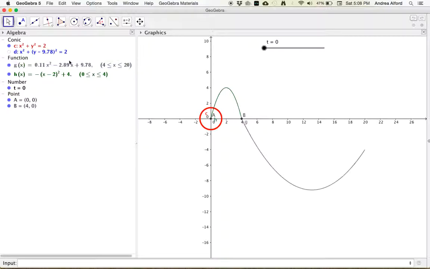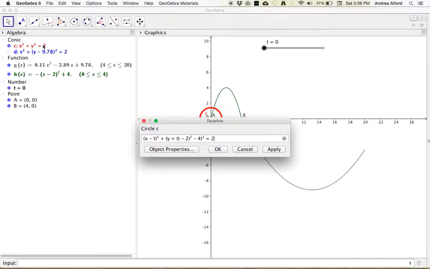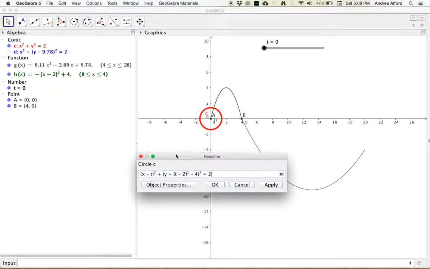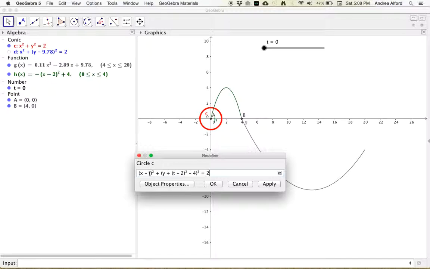So when we look at circle C right here, you see it's (x minus t) squared, because my x coordinate for the center was just t. And then I did y minus a negative, which became y plus, (t minus 2) squared, and minus a plus 4 became a minus 4.